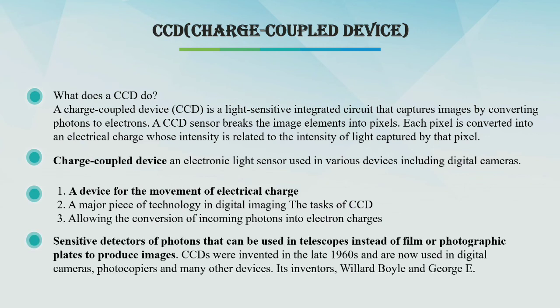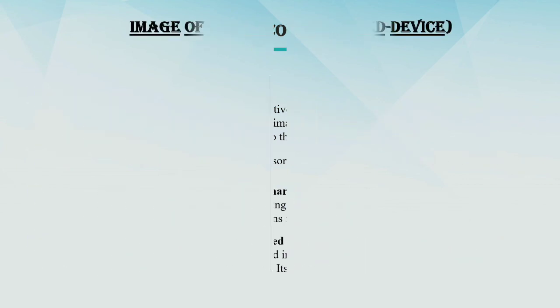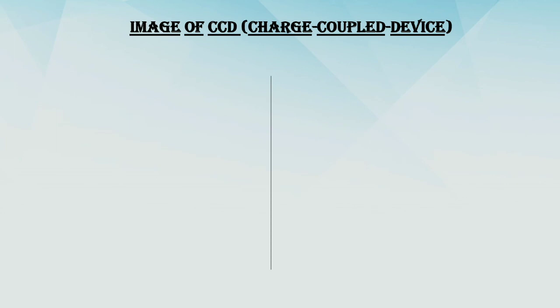They are sensitive detectors of photons that can be used in telescopes instead of film or photographic plates to produce images. CCDs were invented in the late 1960s and are now used in digital cameras, photocopiers, and many other devices. Its inventors are Willard Boyle and George E. Smith. These are the images of CCD.